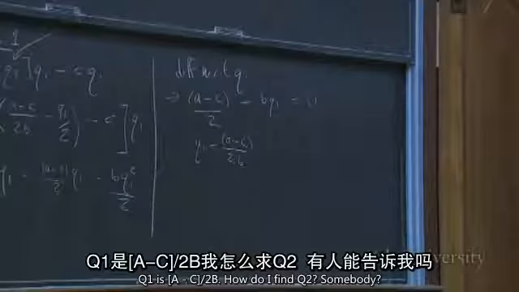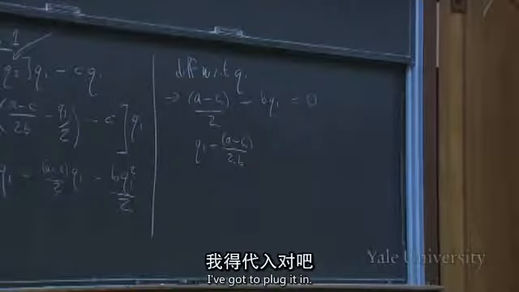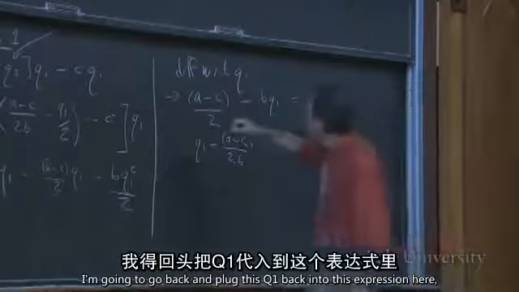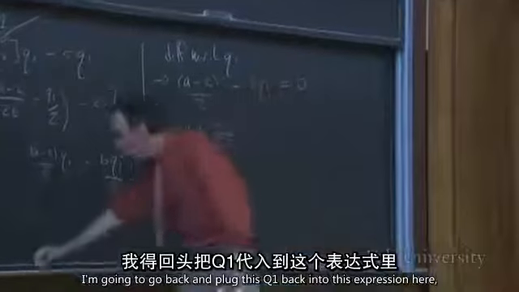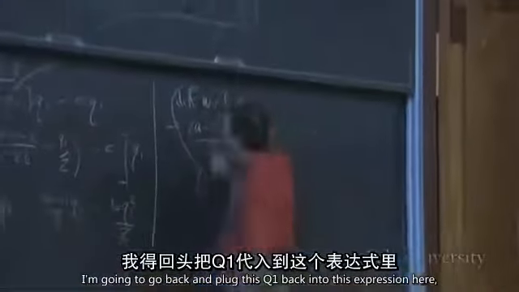How do I find Q2? Somebody? Shout it out. Yeah, I've got to plug it in, right? I'm going to go back and plug this Q1 back into this expression here.